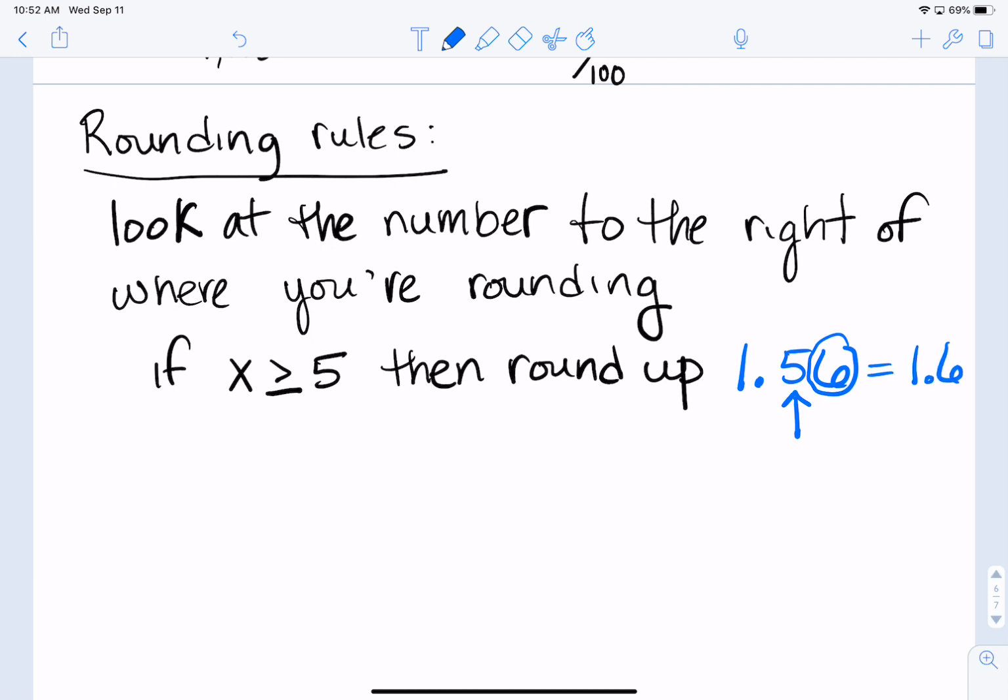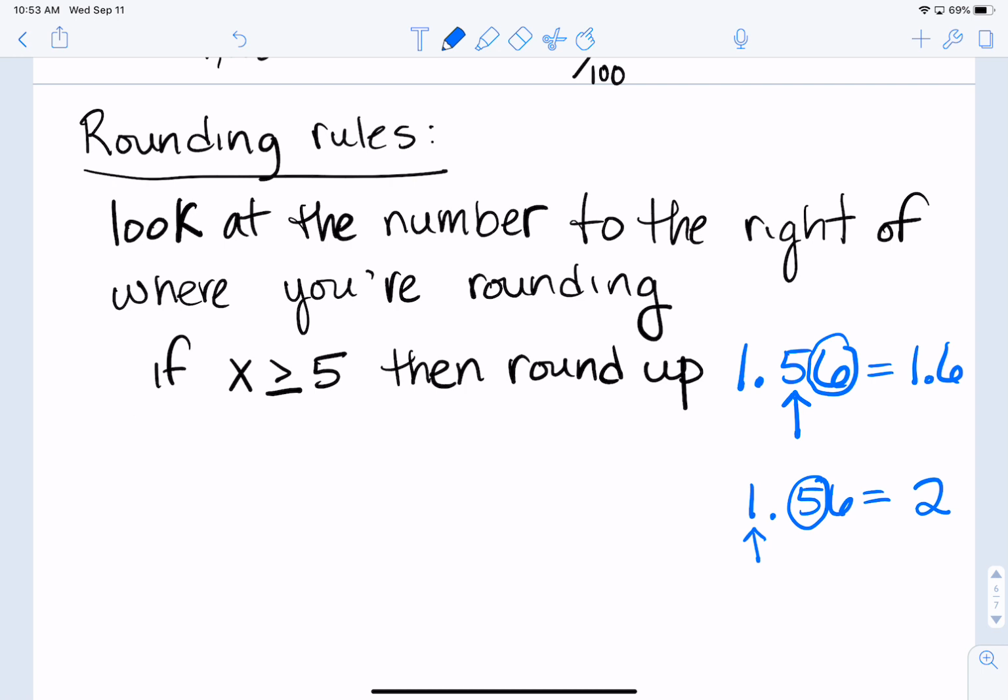So it's 1.6. What if you had 1.56 and I needed it to be one significant figure? I would have to round here, and I would look at this number. And so now, because that's equal to 5, I would round up. So depending on how many significant figures you need to show, sometimes you have to round your numbers.